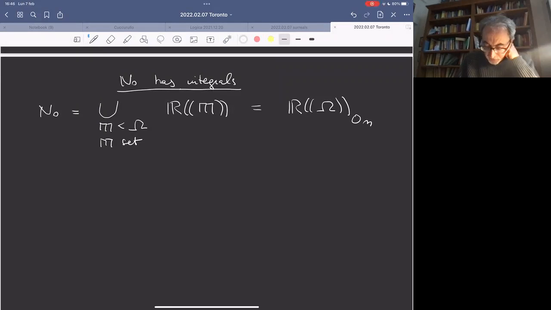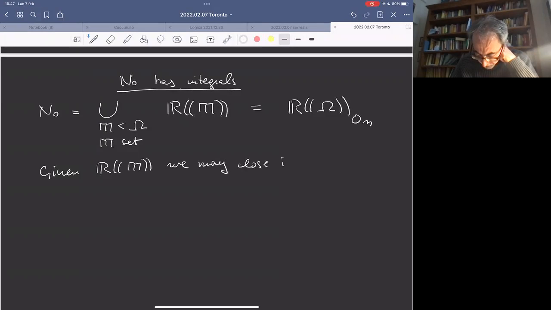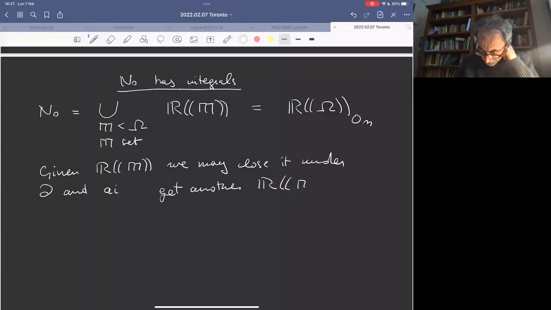Okay, given one of these, we may close it under derivatives and asymptotic integrals and get another one of those, another R M star, whatever.